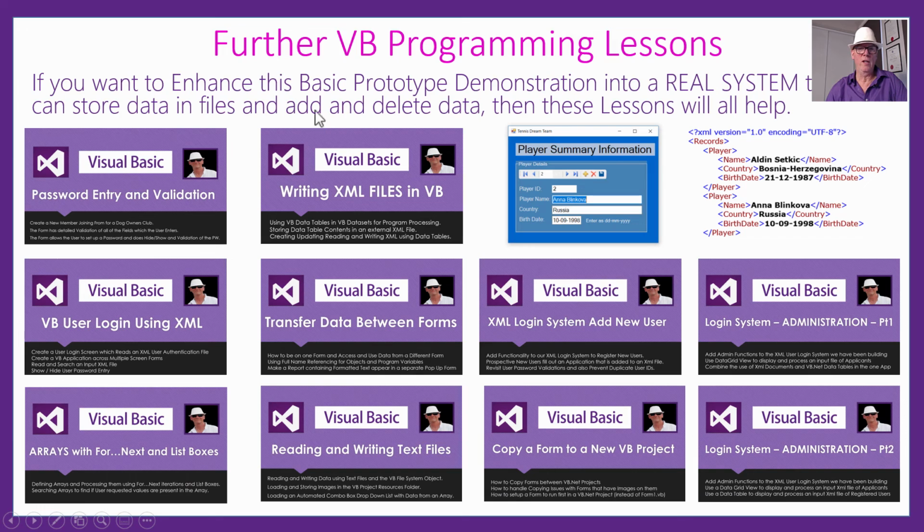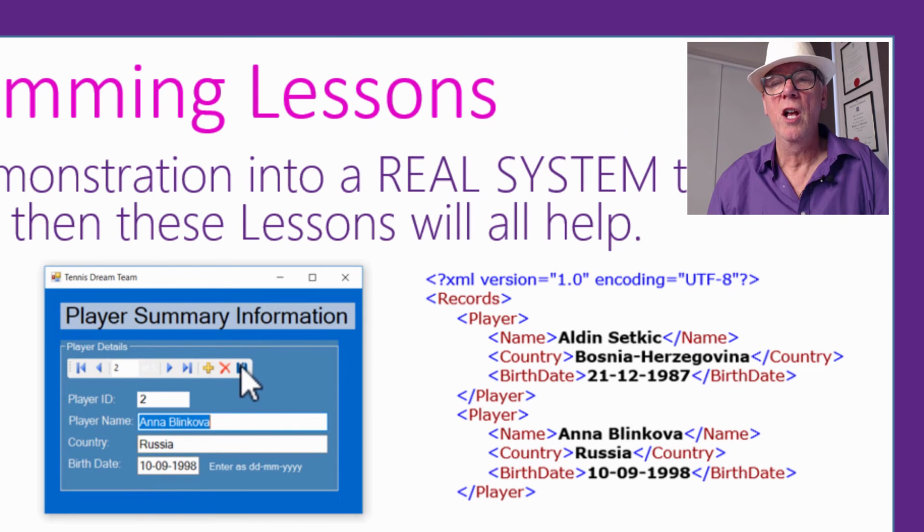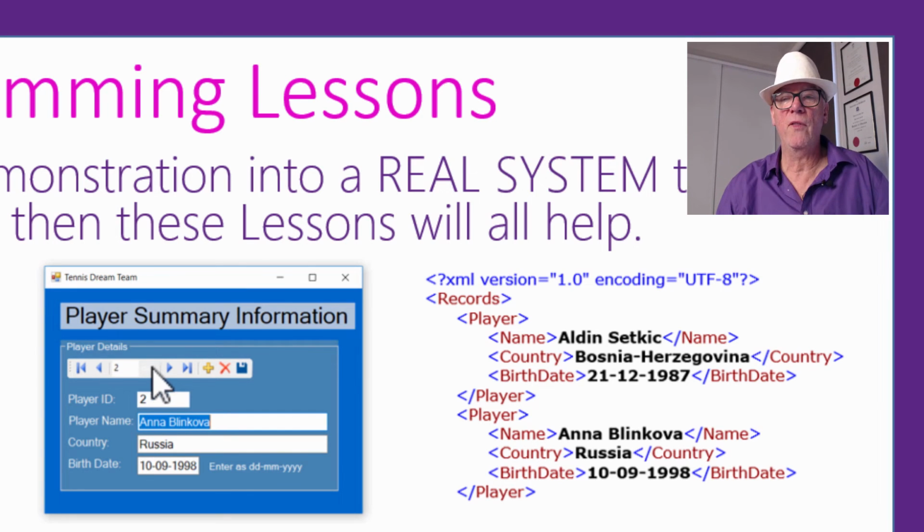So there's quite a few lessons there to go through if you wanted to have something like this, where you can actually enter player information. You've got a save button, you can save it, you can delete it if you want, you can use plus to add a new one, you can quickly flick through them with the arrows, all that fancy stuff where you're saving that information into a formatted XML file.